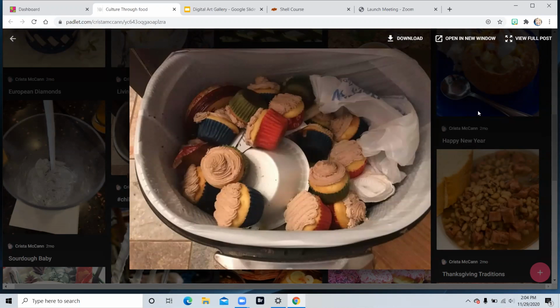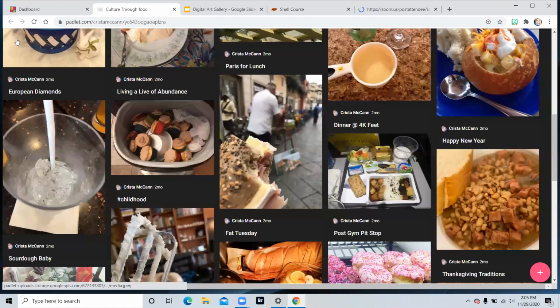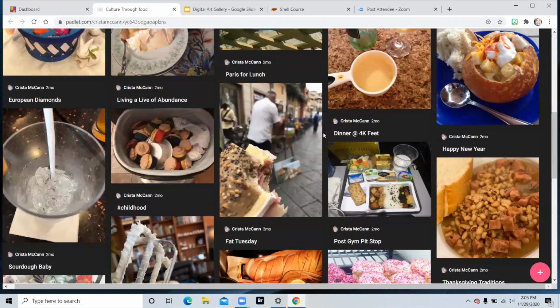And that's not the culture that I want to continue with my children, that you have to eat it because it's there. So this picture kind of represents a healthier lifestyle, living a life of abundance, that we live in a country that can throw away food. There's a lot to be said about that.